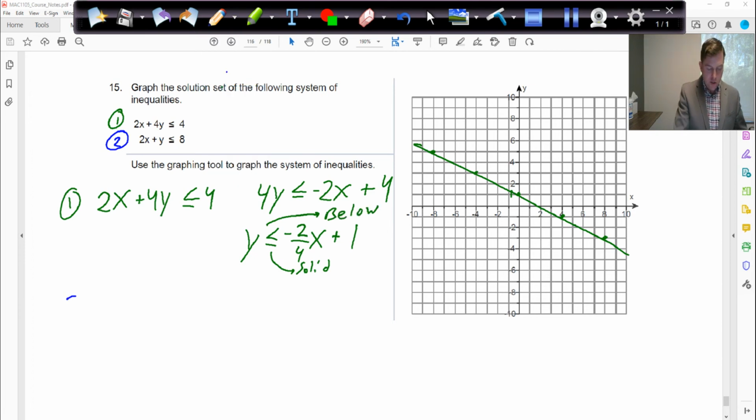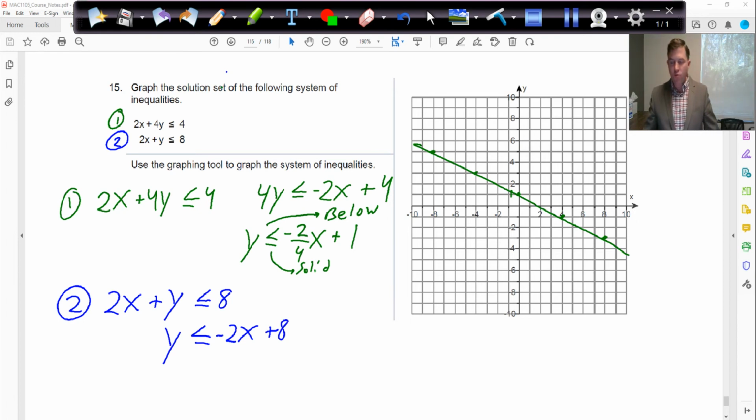Now let's look at equation 2. 2x plus y less than or equal to 8. And we're going to subtract 2x again. And there is no number in front of the y, so that one's pretty much done. So this one's going to start 8 units up the y-axis, and its slope is 2 down, 1 to the right.